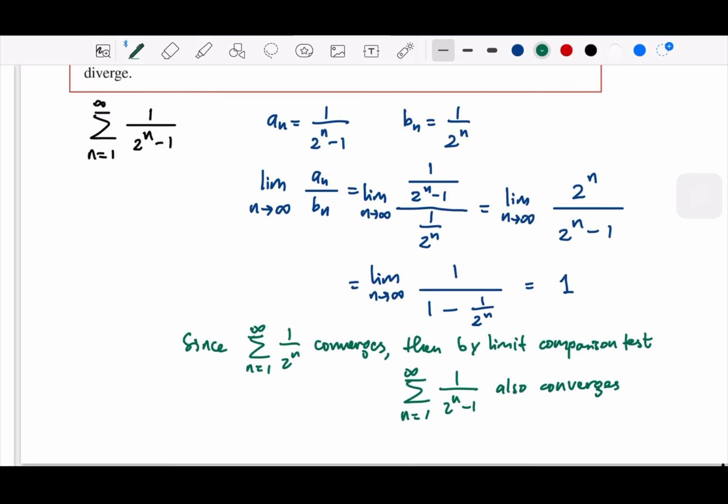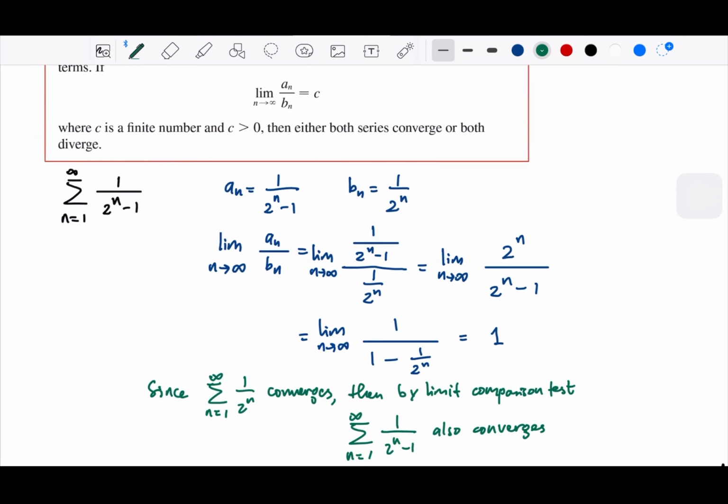Perhaps you can also take notes that, as I mentioned, the comparison will mostly work if we compare with the p series or with the geometric series.